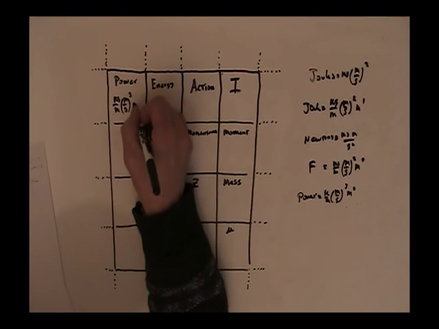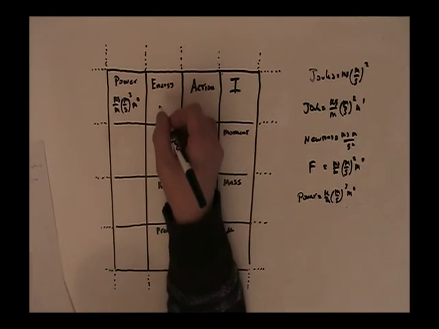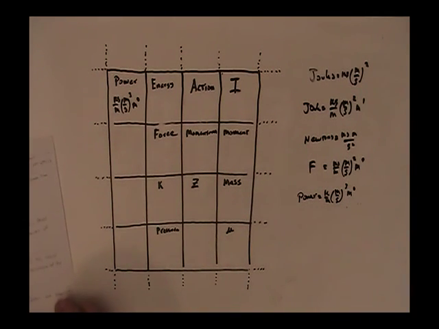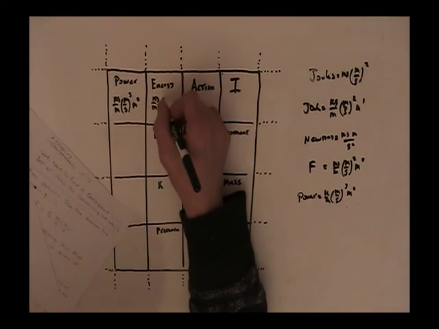Meters squared, meters to the 1st, meters to the 0. And indeed, this one comes out just as kilograms per meter, which is exactly what you would expect from mu.